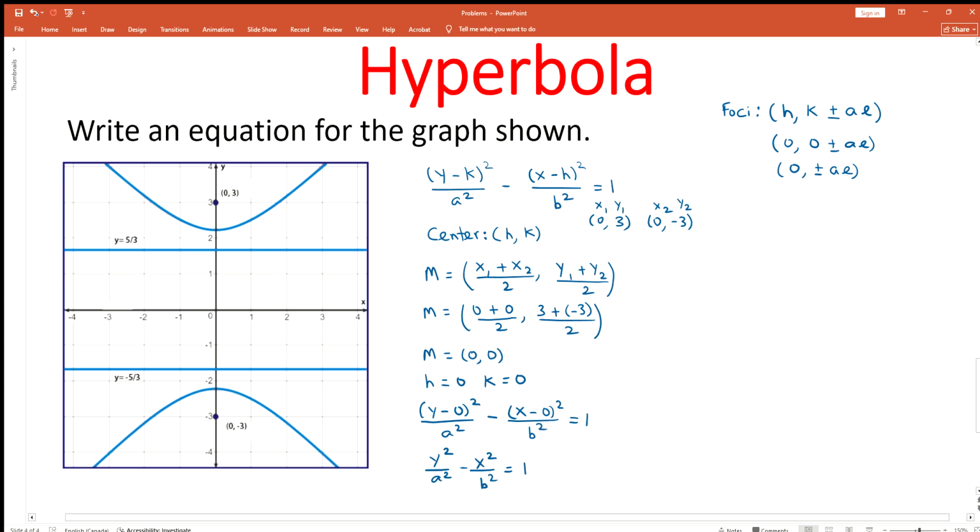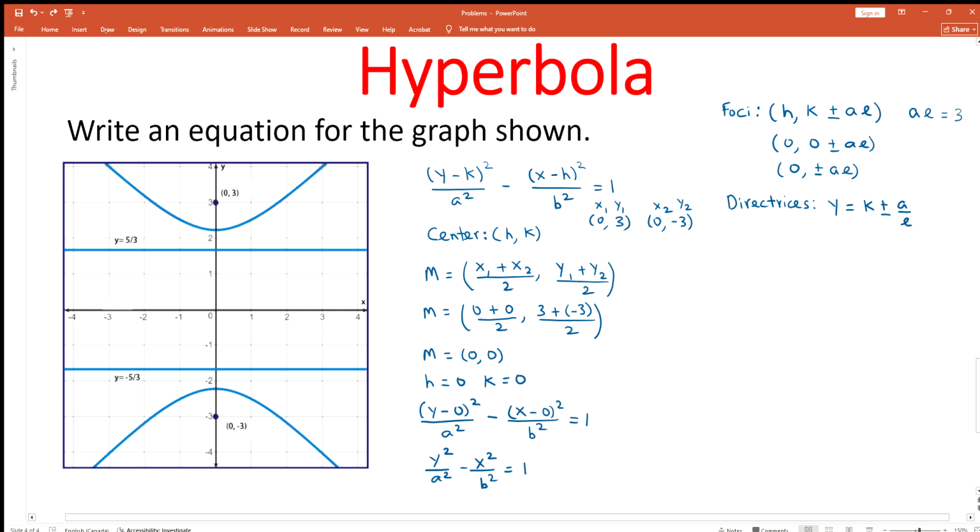The given foci points are (0, 3) and (0, -3). That means a times e is equal to 3. This is an important concept we need to understand and memorize. For a hyperbola in which the curves open in the upward and downward directions, the equations of the directrices is y equals k plus minus a over e.